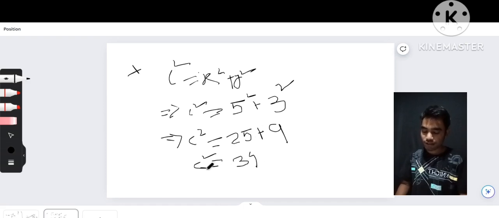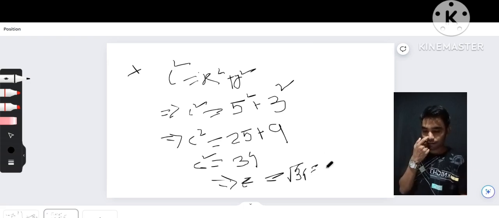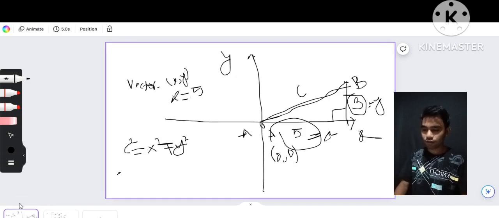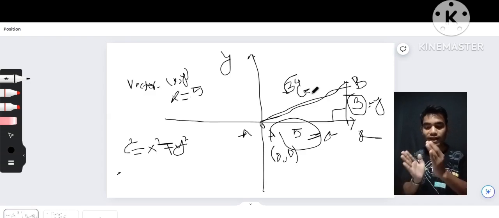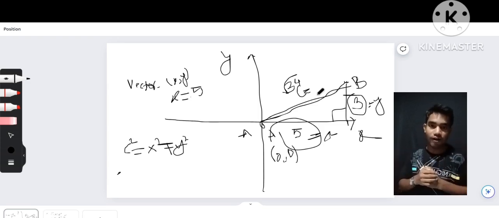So c will be the root of 34, and you just have to calculate it to get the value. So the length of this vector is the square root of 34.